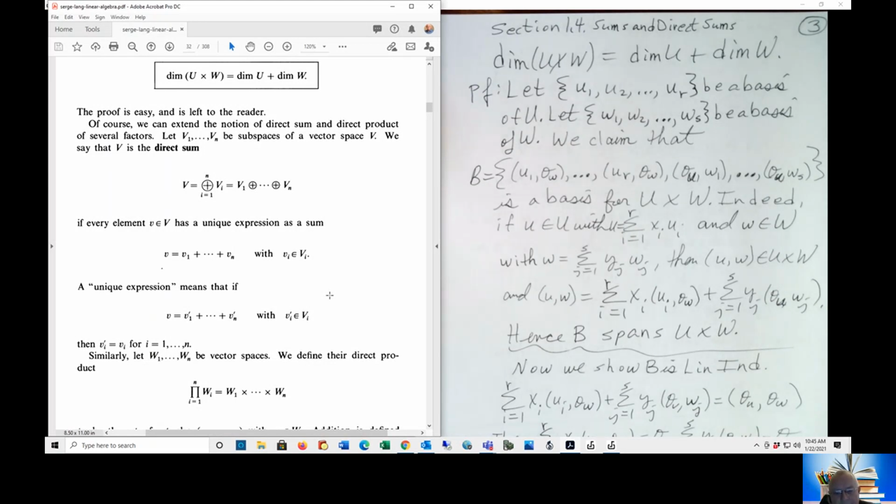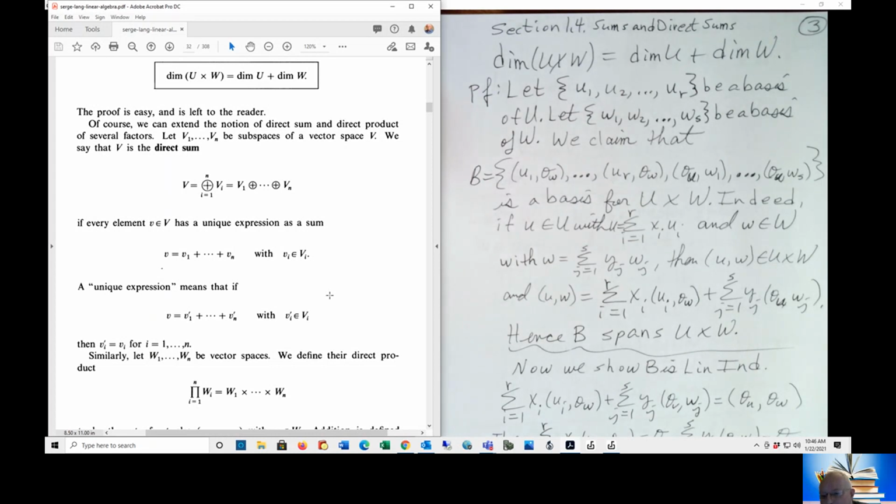proof of this result. And it's the same as saying the previous theorem we had, theorem 4.3, where we had a direct sum, and the dimension of V was the dimension of U plus the dimension of W. Okay. Proof.